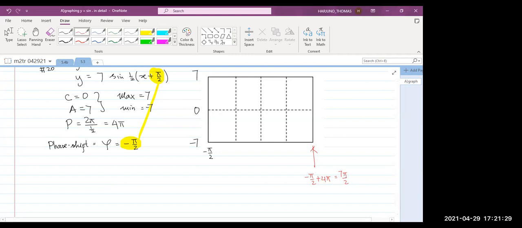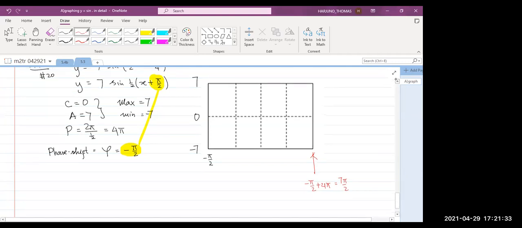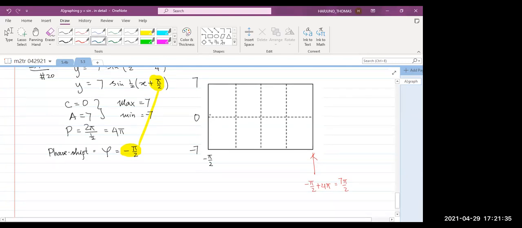You see? The graph is still the graph of sine. Zero, center, maximum, center, minimum, center. So the graph will look like this. That's what the graph looks like.